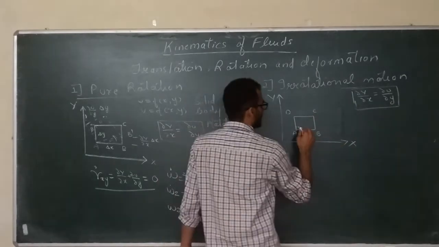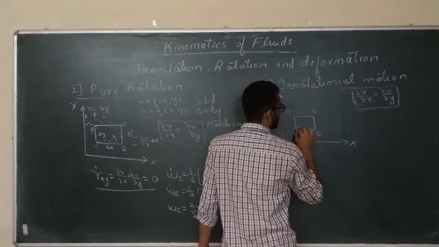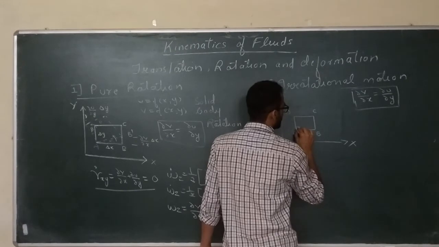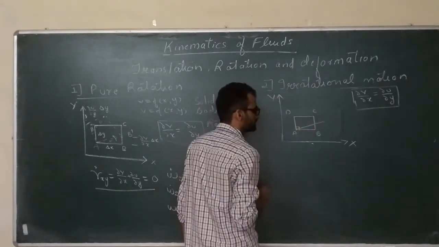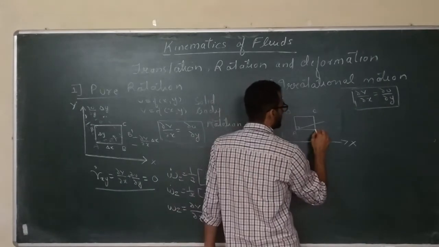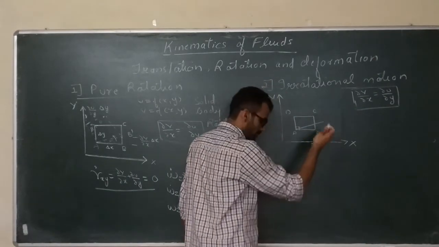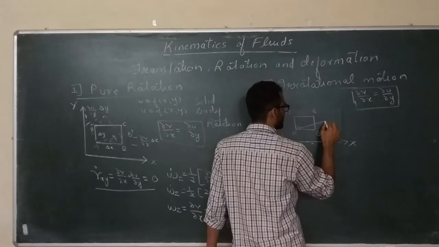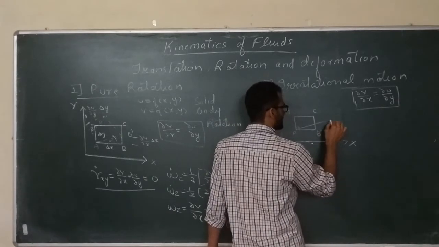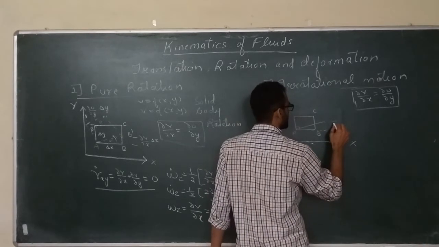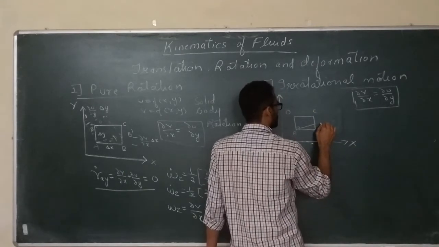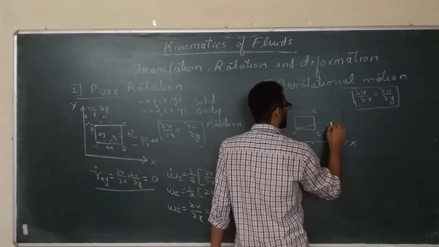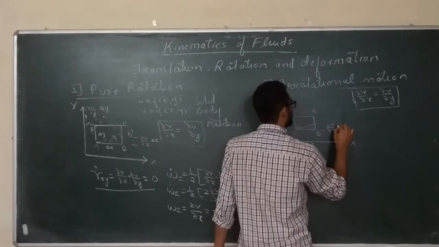Now, see again. I am assuming that del v by del x is positive, as in the last case we have done. So this extra distance is how much? It is del v by del x into delta x.